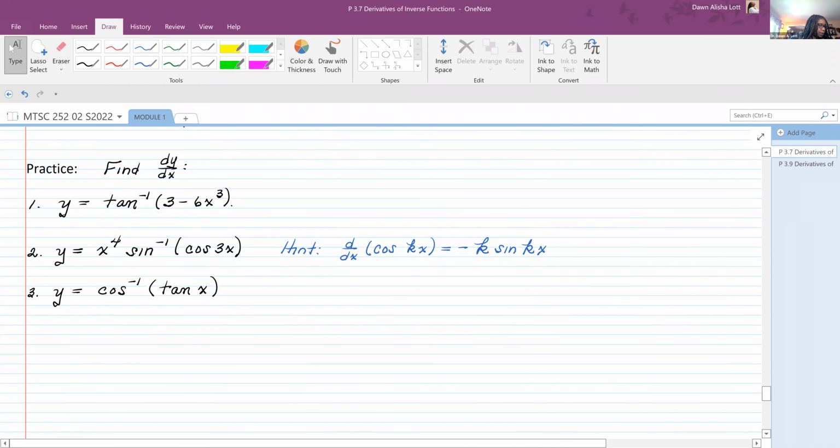I have another one, but it's nasty. I'll give it to you. y is equal to the secant inverse.